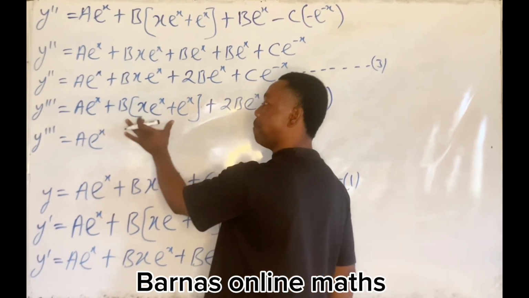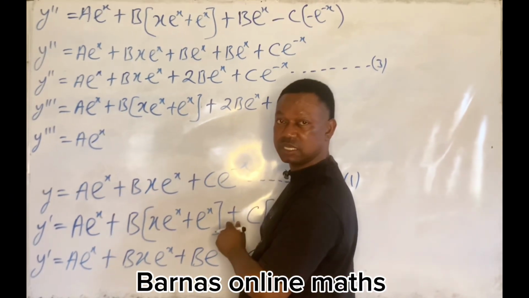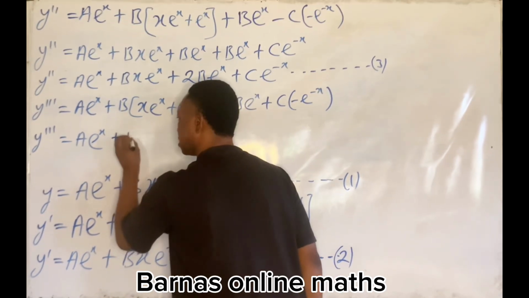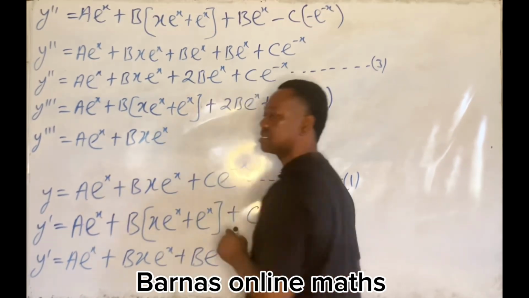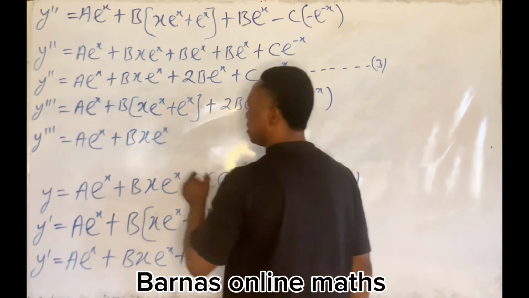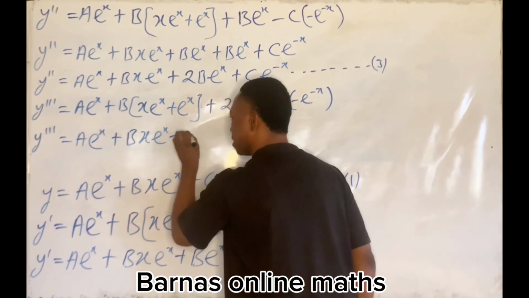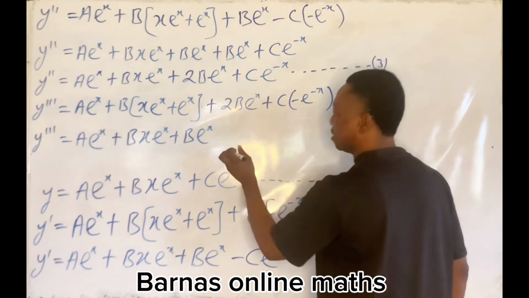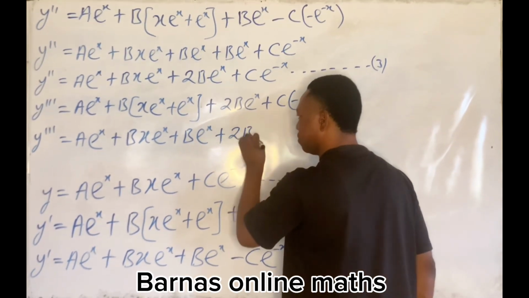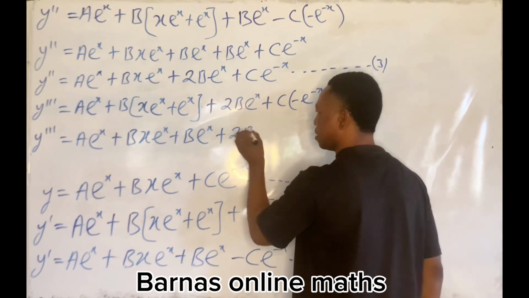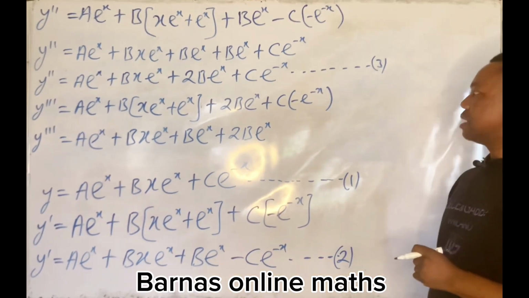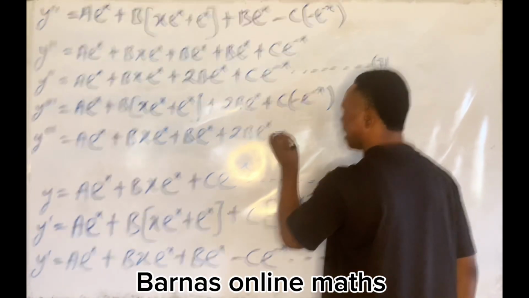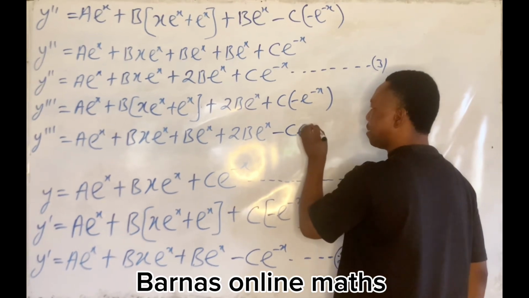Then this b will multiply the two terms inside the bracket. If that happens, we have plus b into this will give us b x e to the power x. Then into this will give us plus b e to the power x. Then followed by plus 2b e to the power x. This minus will make this plus to be minus. So we're going to have this to be minus c e to the power minus x.